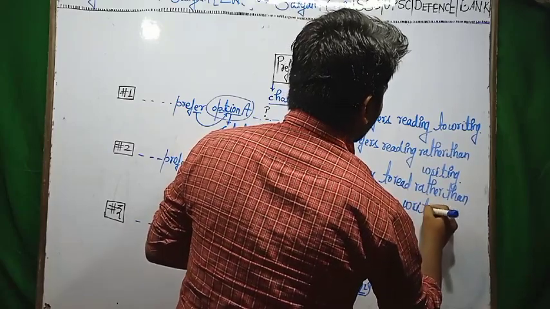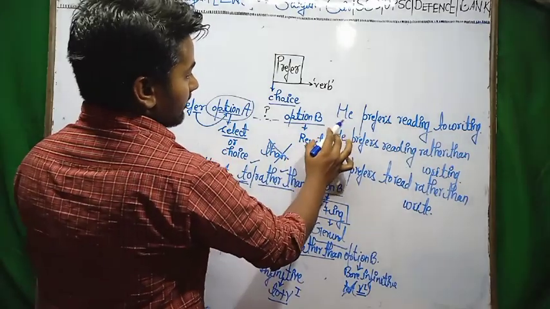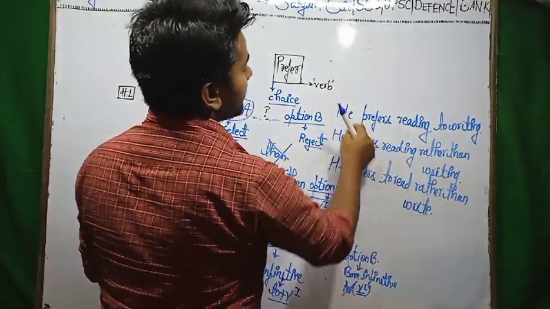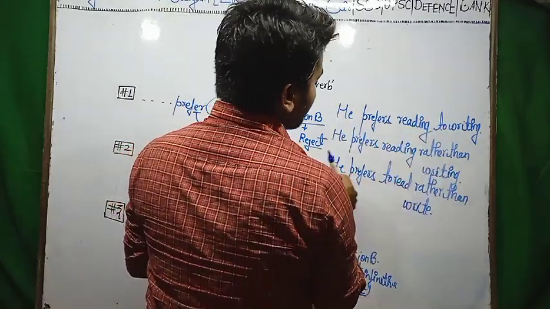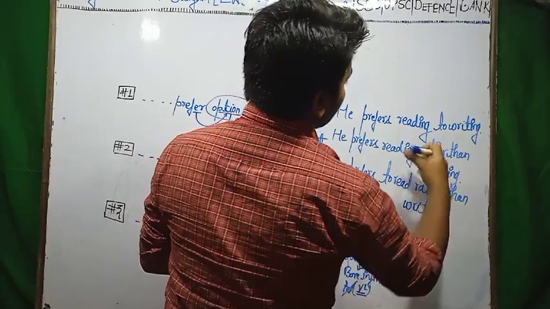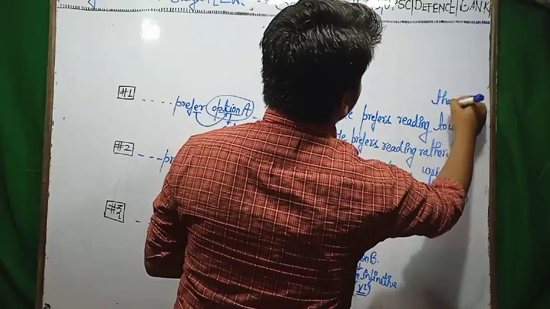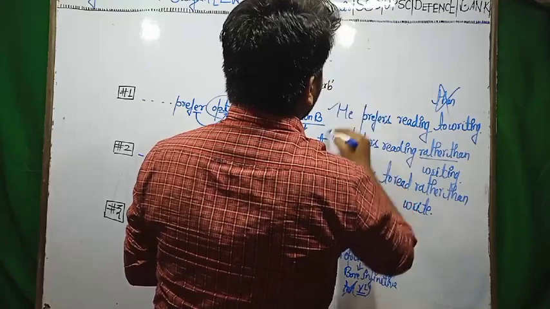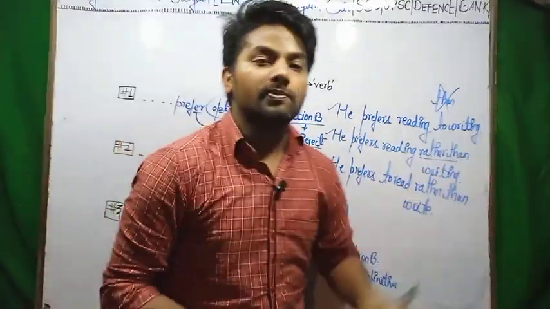So basically, a single sentence can be expressed in three ways: he prefers reading to writing, he prefers reading rather than writing, he prefers to read rather than write. And my dear friends, he prefers reading than writing is totally wrong. So these three sentences are correct, and you can use them in your English speaking, my dear friends.